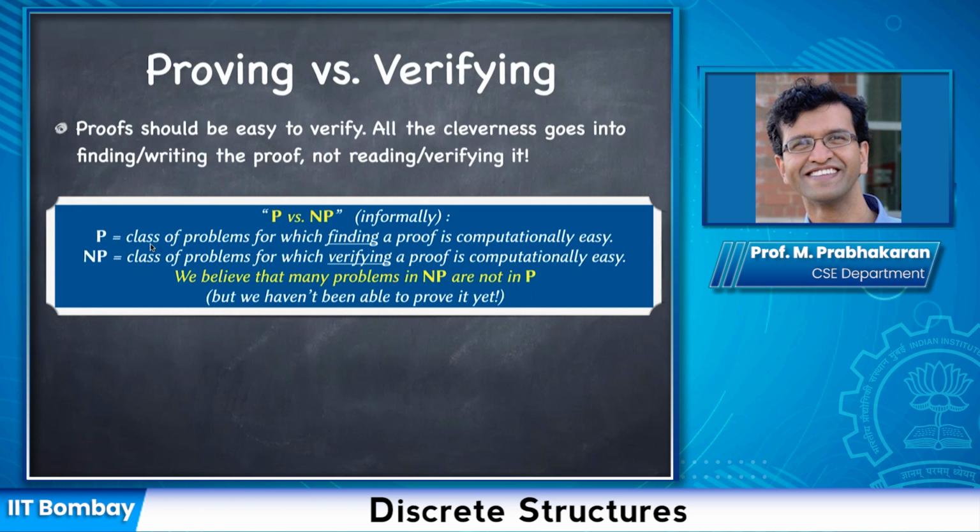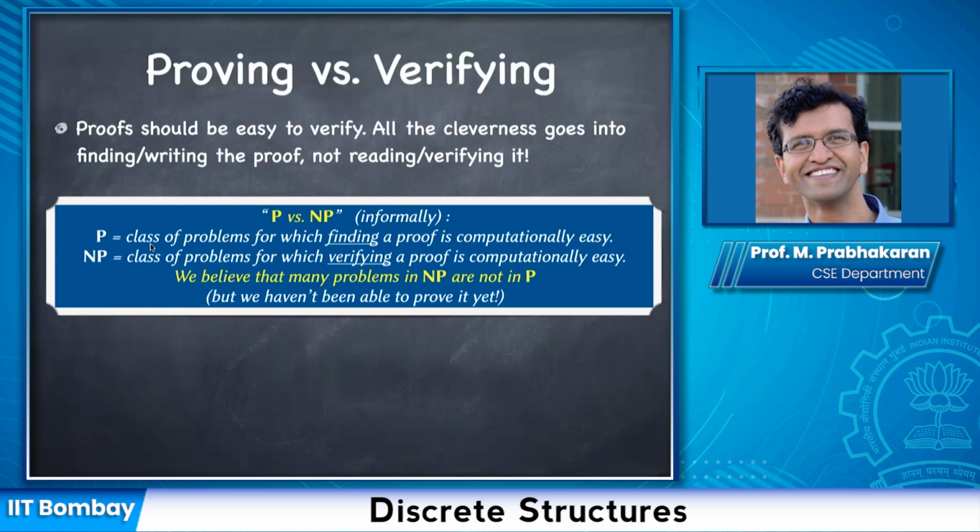And NP stands for a class of problems for which there is an efficient program that may not be able to come up with proofs or solutions by itself, but if you give a purported solution, it can check it. It can look at it and say whether it's a correct proof or not. So if it is a true statement for which you came up with a correct proof, then your program will accept the proof.